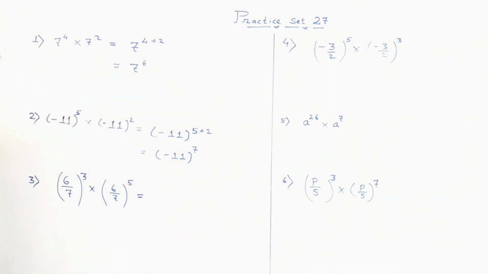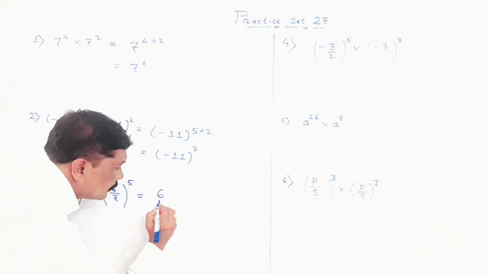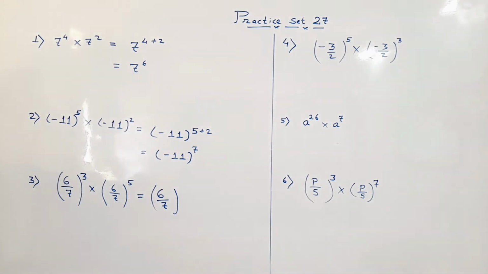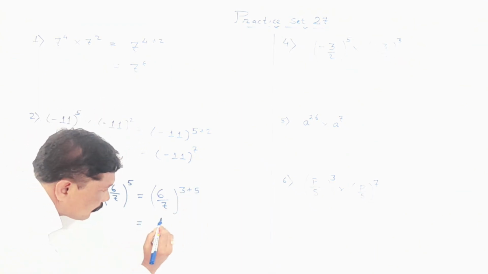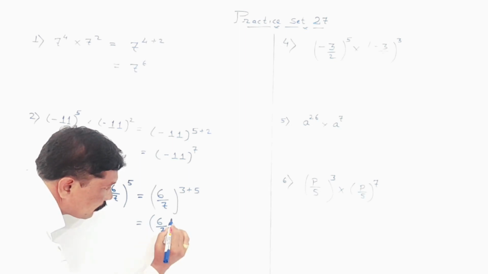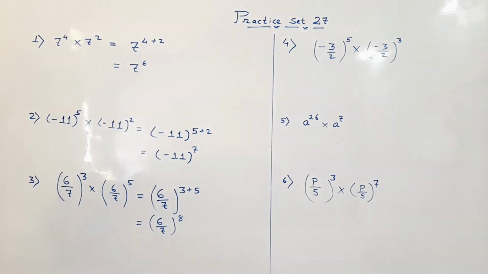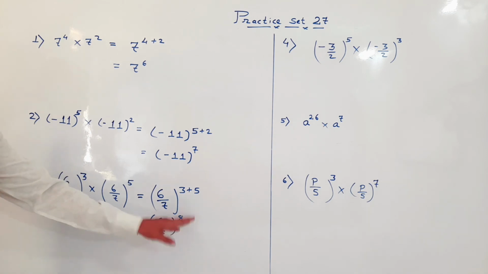Again, my dear student, if you observe the next example, here also you will see two indices given with the same base, and the base is 6 by 7. So we can add the index numbers. 3 plus 5 is 8. So we get the answer 6 by 7 raised to 8.